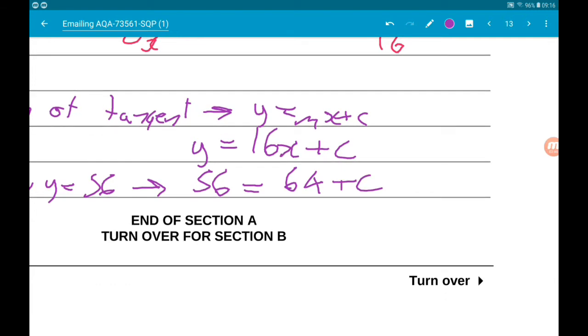Therefore, c is 56 minus 64, which is minus 8.